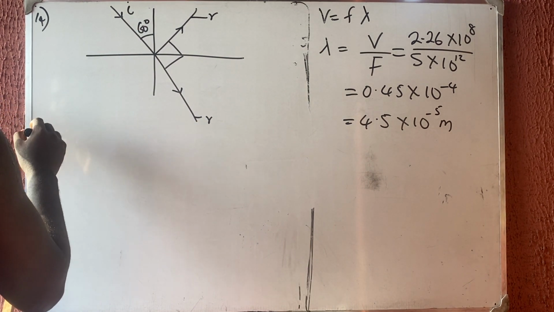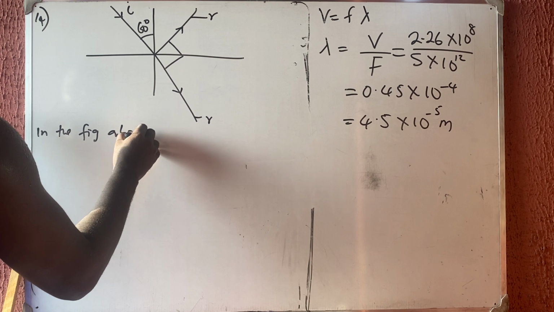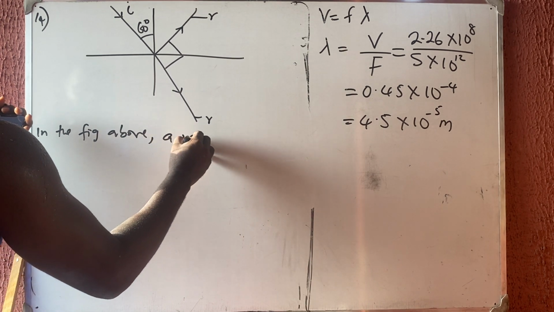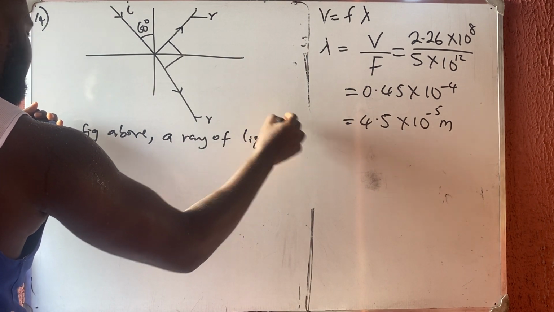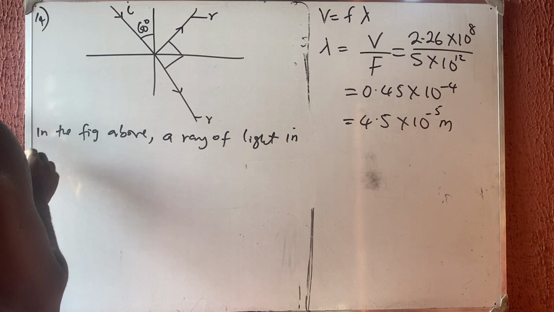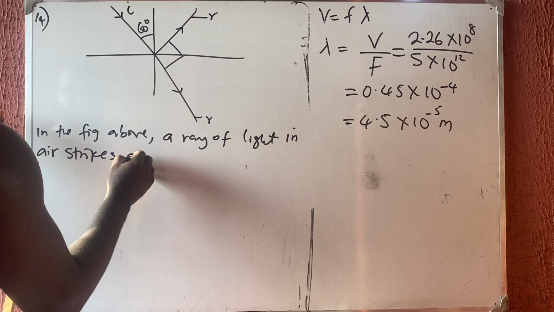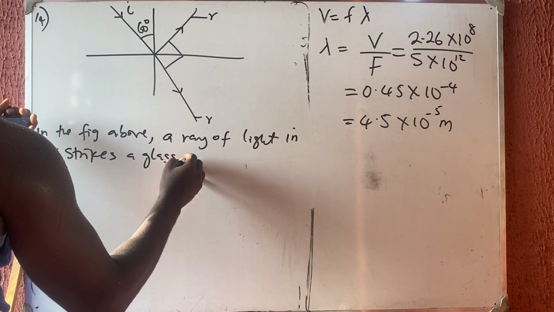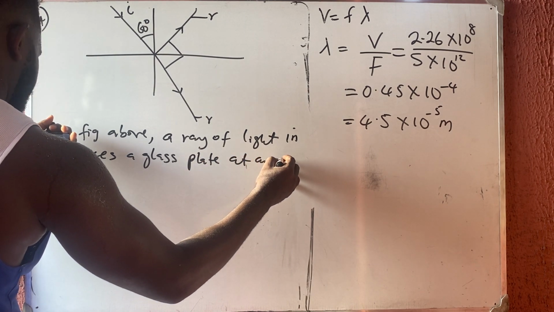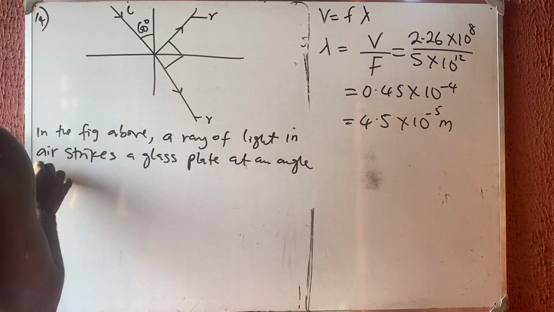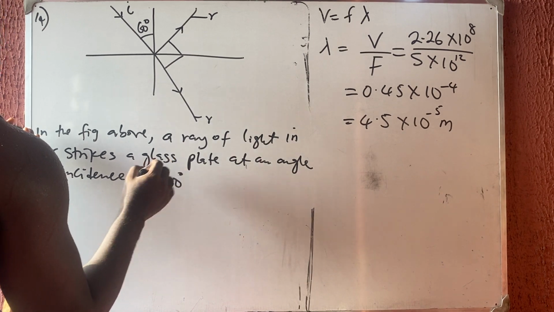They said in the figure above, a ray of light in air strikes a glass plate at an angle of incidence of 60 degrees.